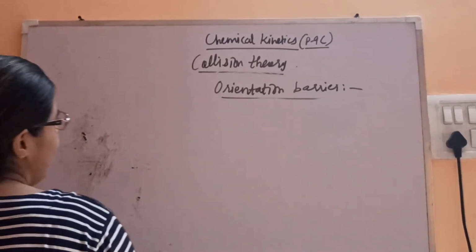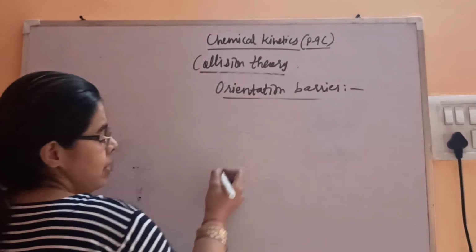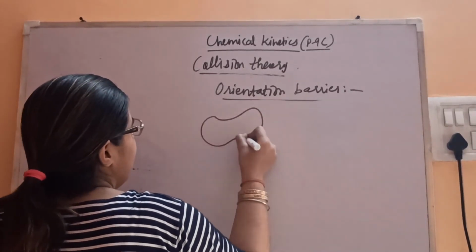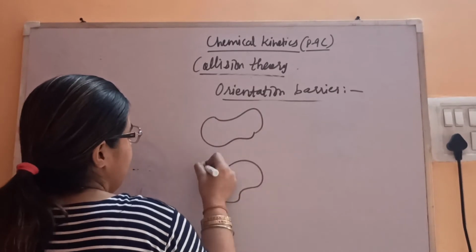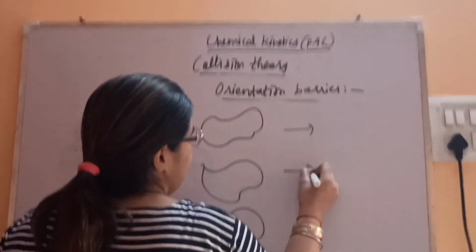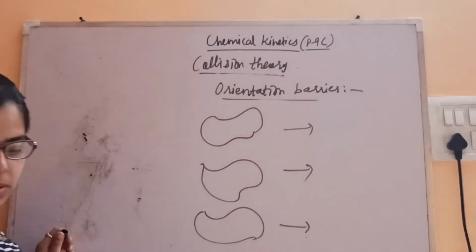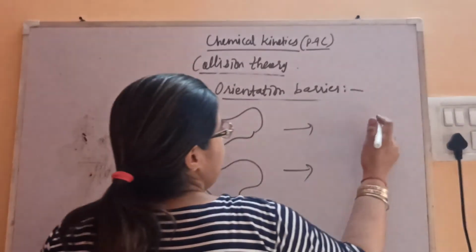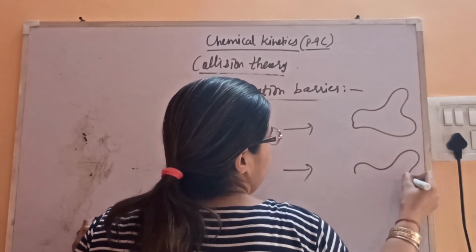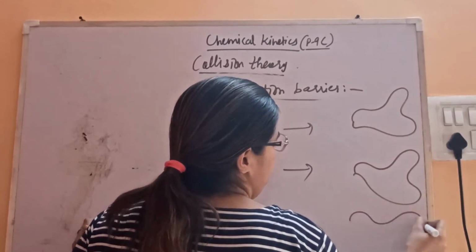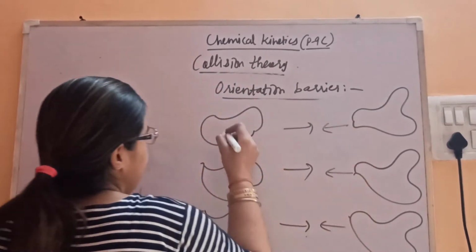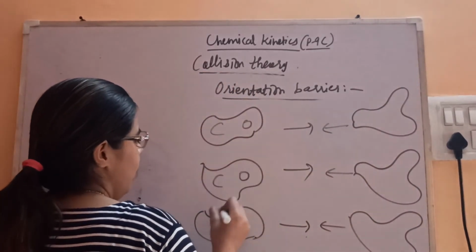So what are the different possibilities? These are the different possibilities. Here CO, CO, OC.